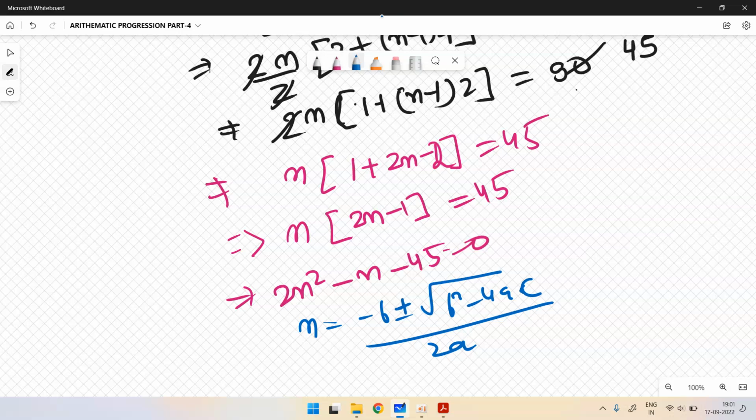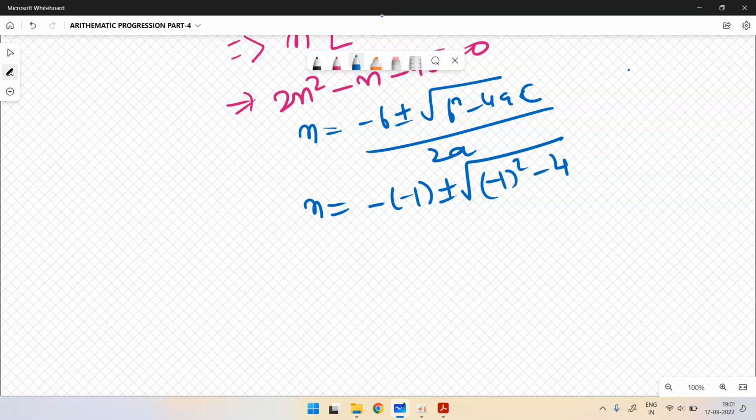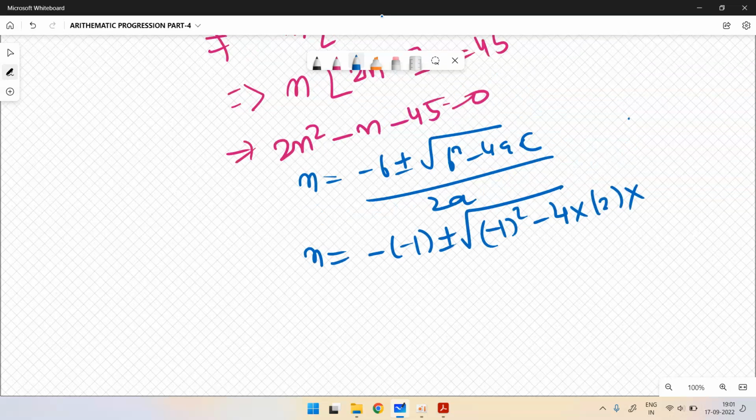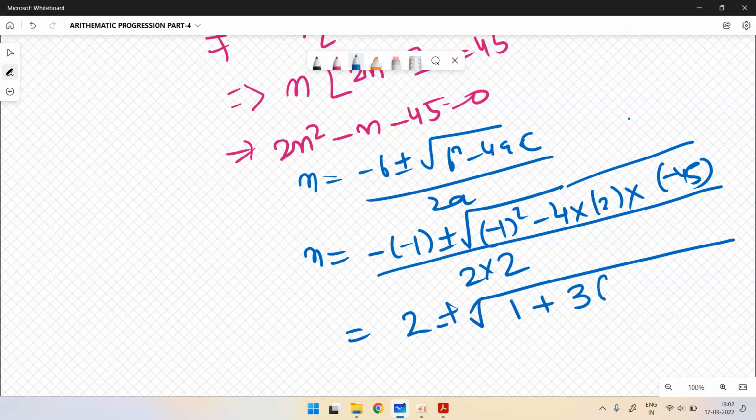If you put the value of b and everything here, this a is from this quadratic equation, this minus b is minus of minus 1 plus or minus under root minus 1 whole square minus 4 into a is 2 and c is given to be minus 45, by 2 into 2 is 2.